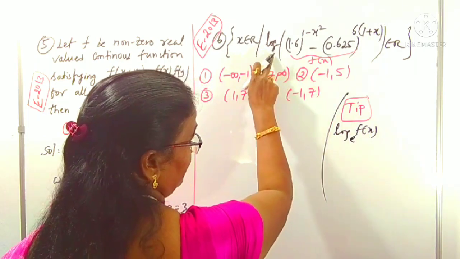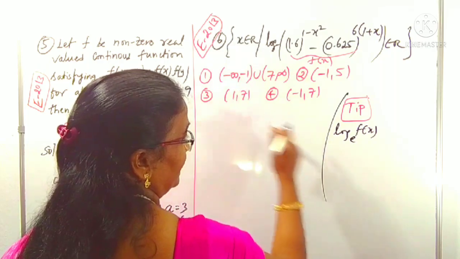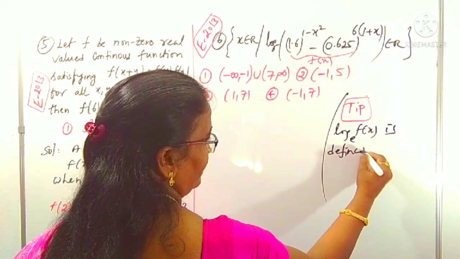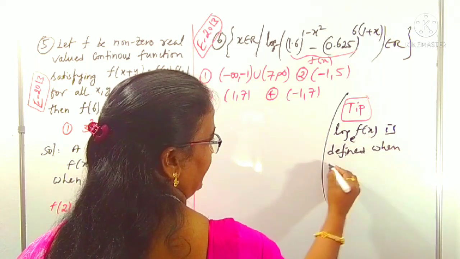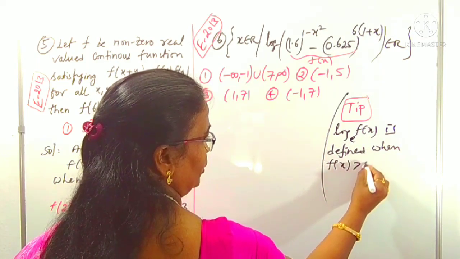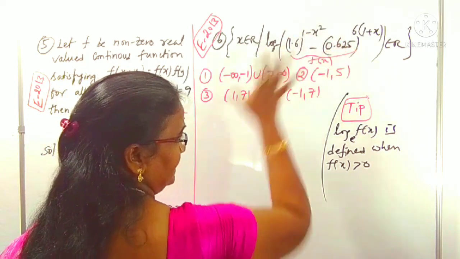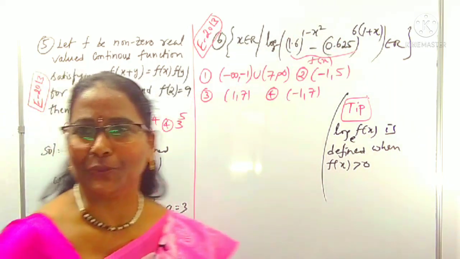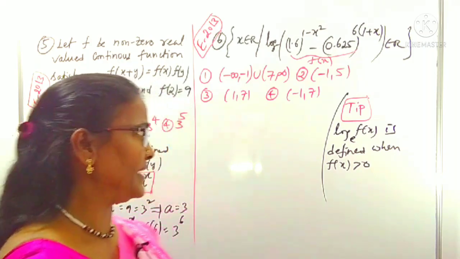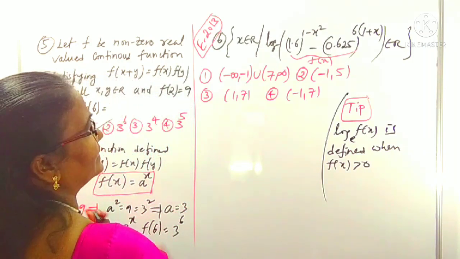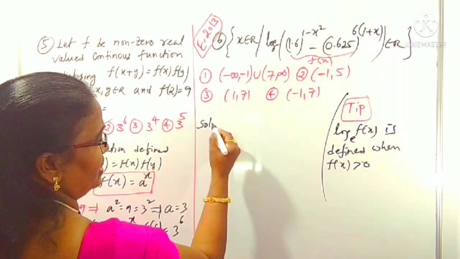Here e is given. There is no particular base, which means it is e. It is defined when f of x must be greater than 0. Indirectly we can take this resultant function as greater than 0. That is the only way to use it here. From that we can find our x value. So we can collect this according to this concept.